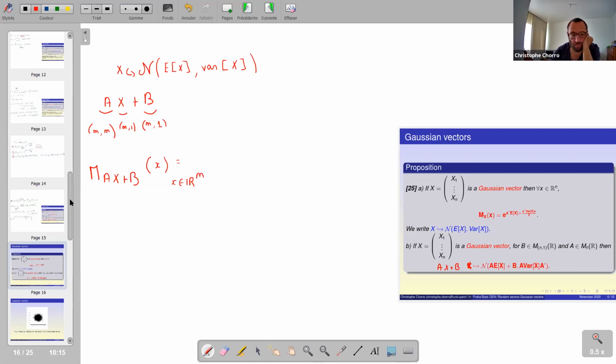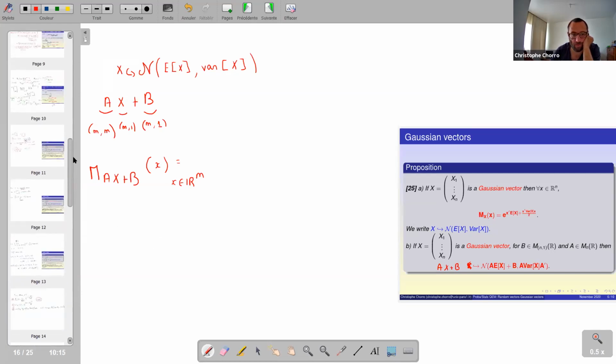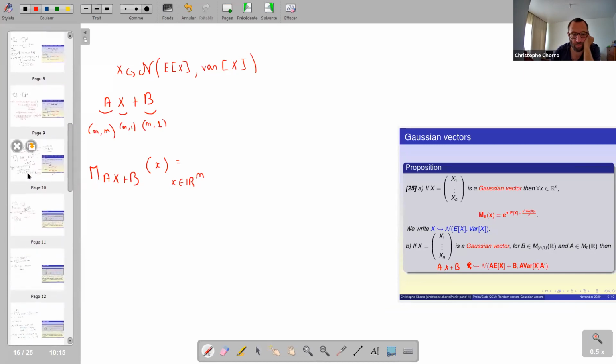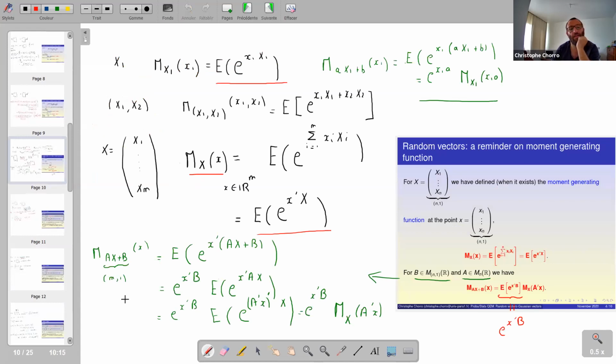If you come back to what we have done earlier, I have proved this one: if I start from a random vector, how to express the moment generating function of an affine transform from the moment generating function of my vector. It's exactly this quantity that I have to use.